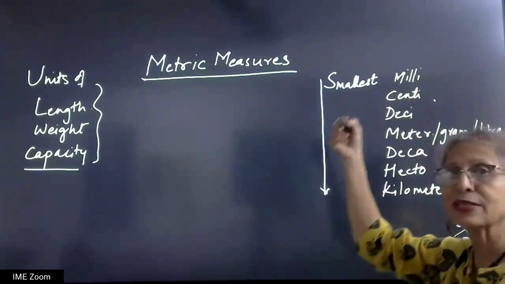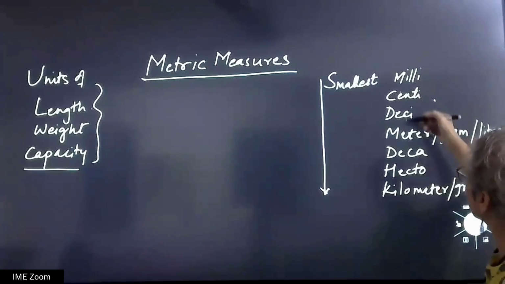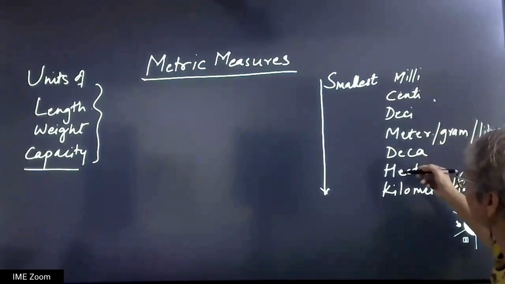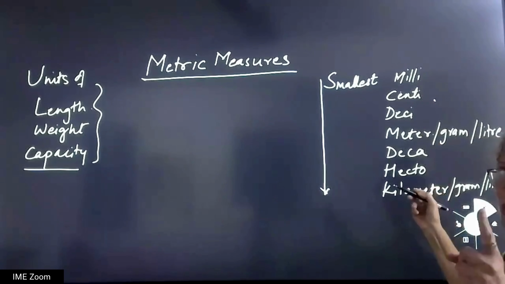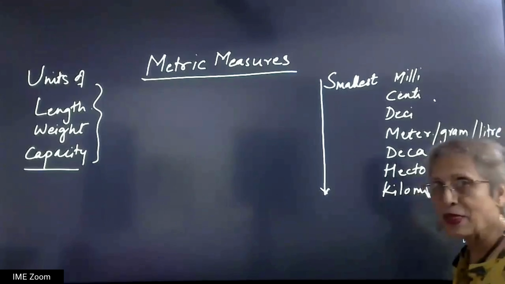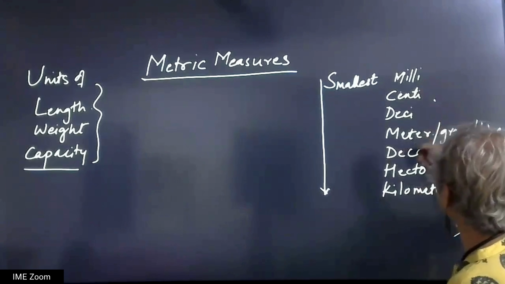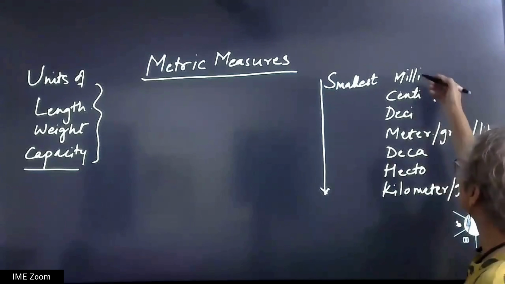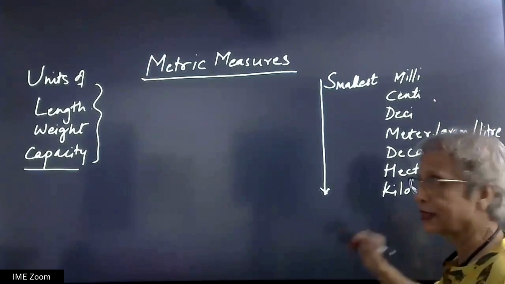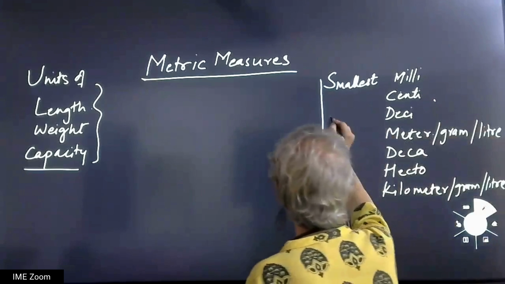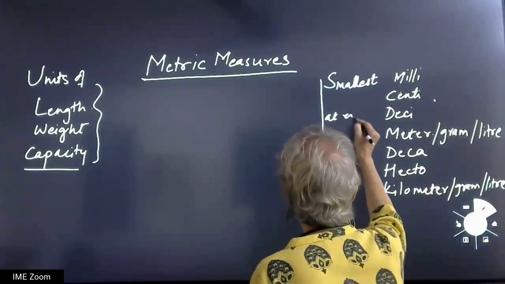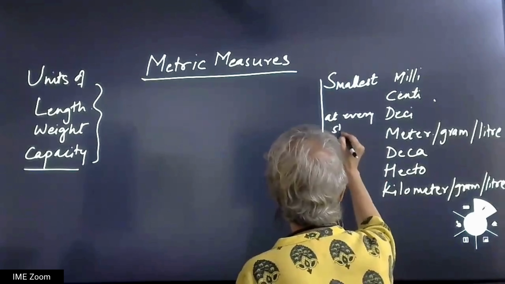It is like that. Then again 10, again 10, again 10. Here it is 1000, 10,000, 100,000, 1,000,000, billion. We have done that in our first topic, right? But like this, from meter to kilometer 1000, millimeter to meter 1000, like that. So at every step, divide by 10.